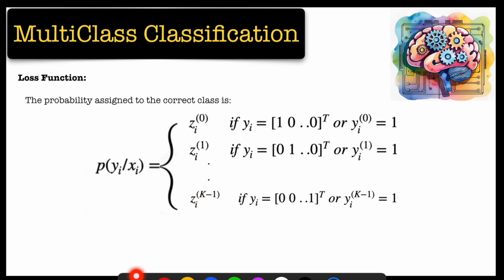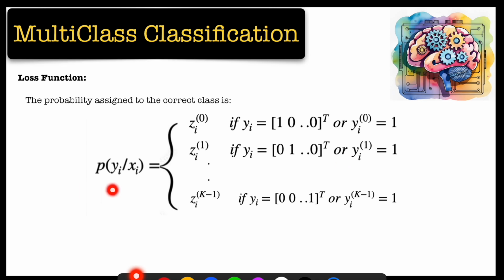It is Zi0 if yi is the vector 1, 0, 0 transpose, that is yi0 is 1. That means if in the output given in the data set the output class is 0, then Zi0 will be the probability of the correct class. If yi is the vector 0, 1 till 0 transpose, that is yi1 is 1, meaning the actual output class is 1, then Zi1 will be the probability assigned to the correct class, and so on.